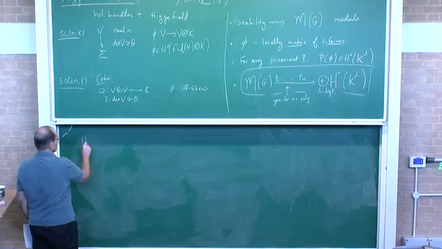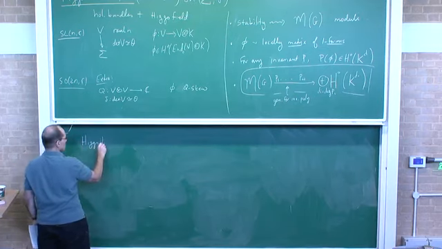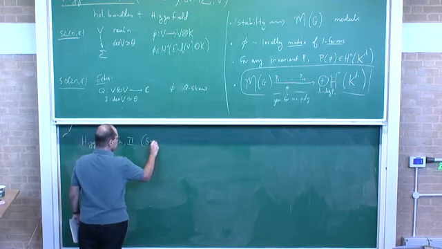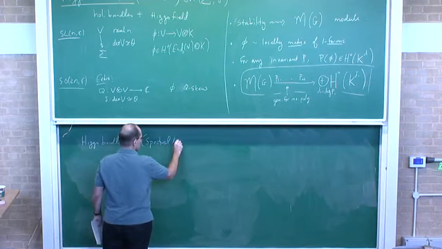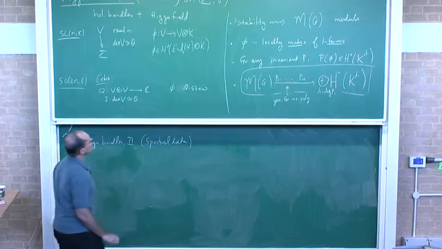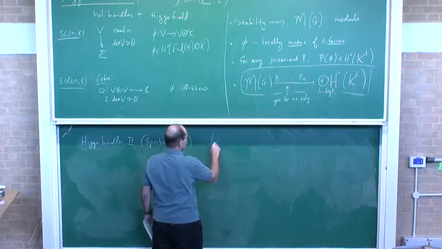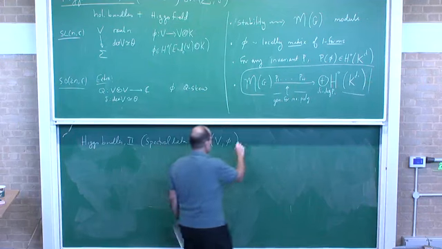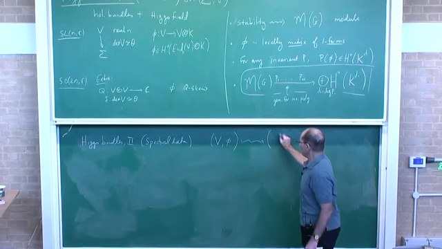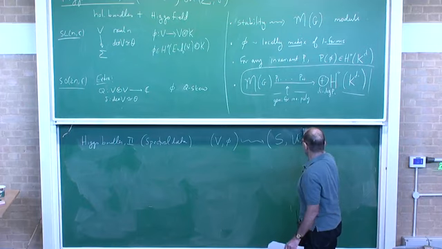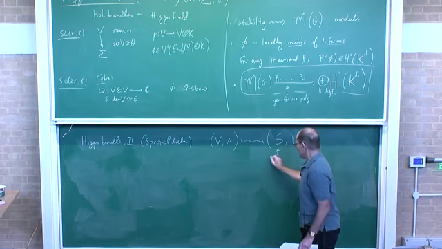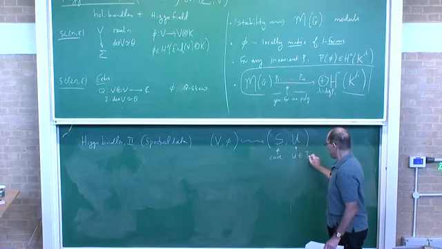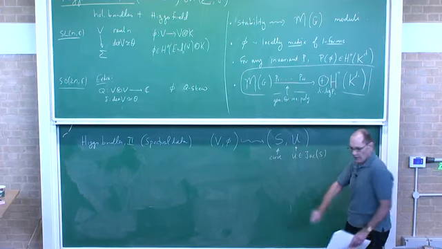So what is this alternative view? Spectral data. Here we replace the vector bundle and a Higgs field with a new curve and a line bundle: the spectral curve, and a line bundle on the spectral curve.